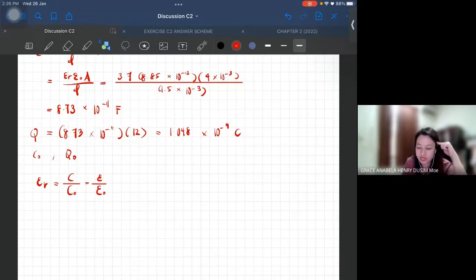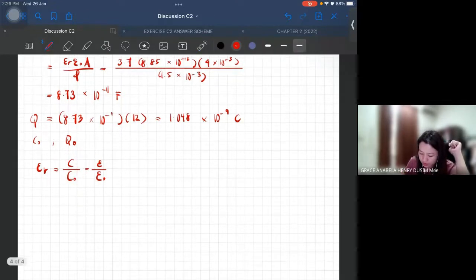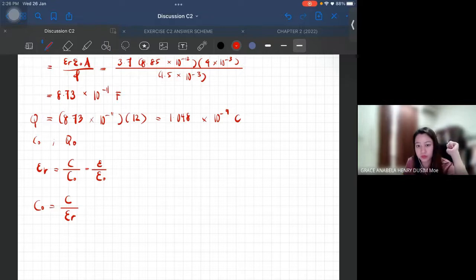So remember this relationship. We can then calculate C naught, which is C over epsilon R. From here, you should get C naught equal to 2.36 times 10 negative 11 farad.